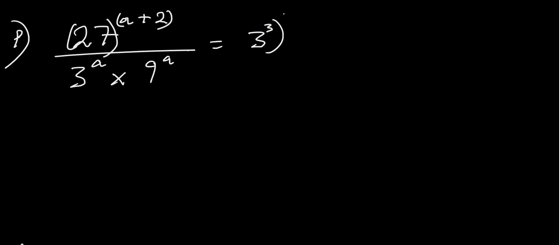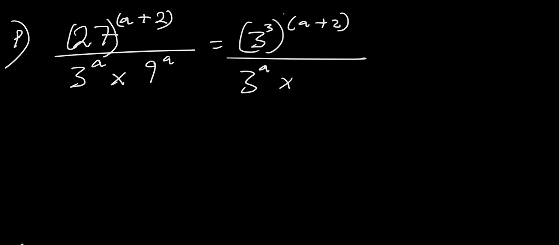So put it in parentheses, exponent a plus 2 over 3 exponent a times, let's also change 9 to 3 exponent 2. So this will be 3 exponent 2 in parentheses exponent a.